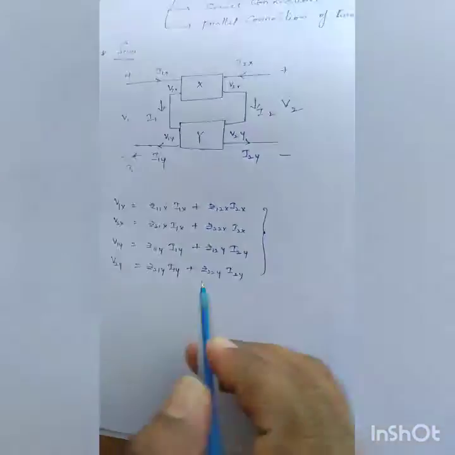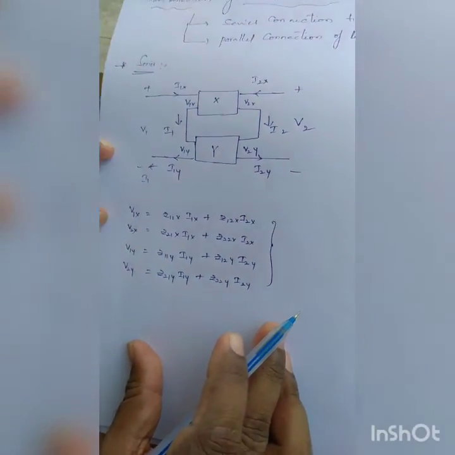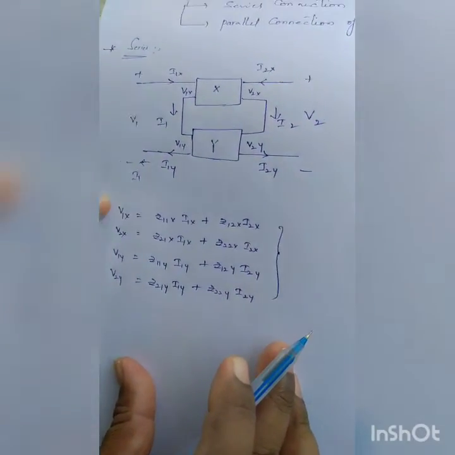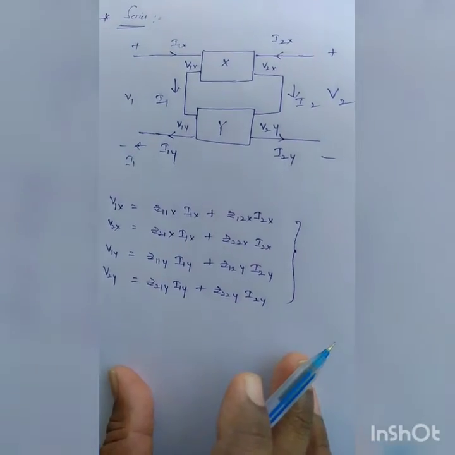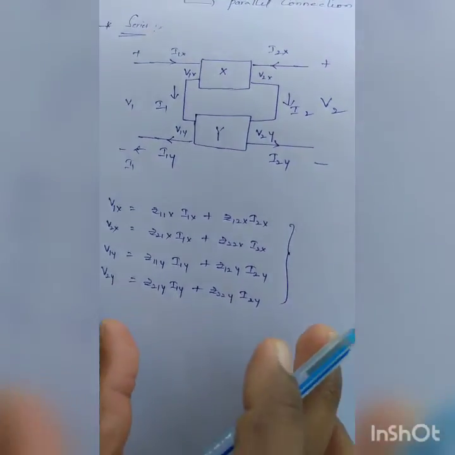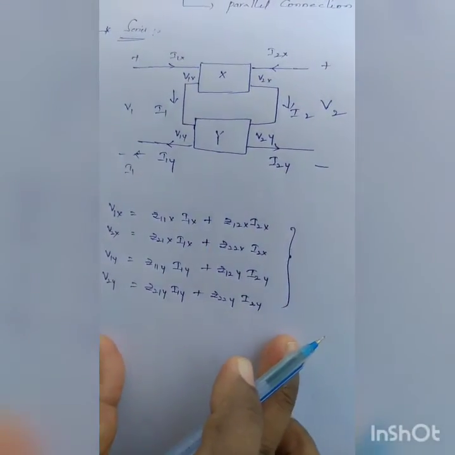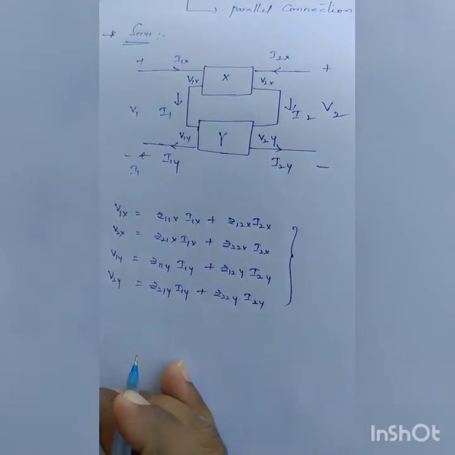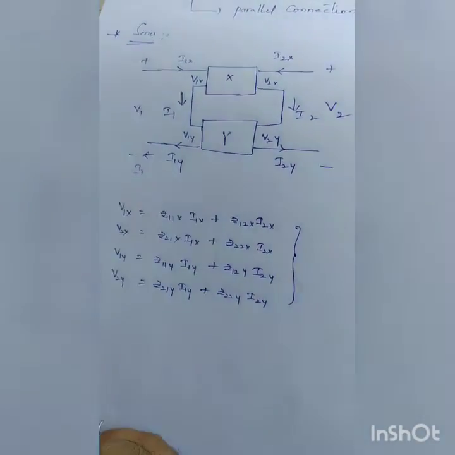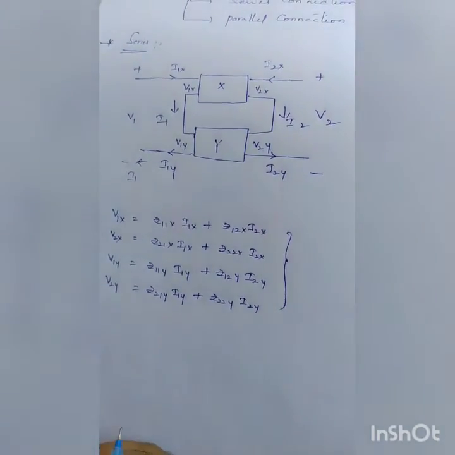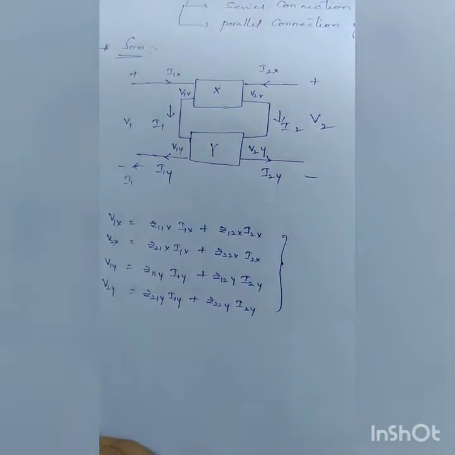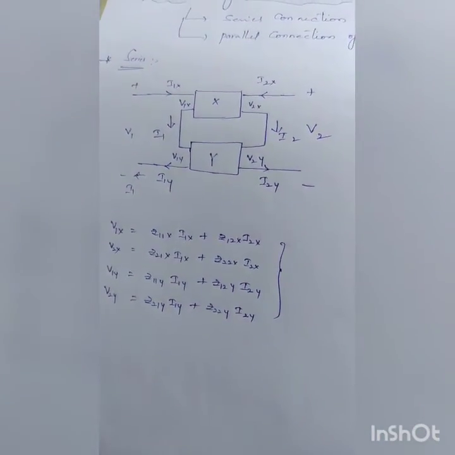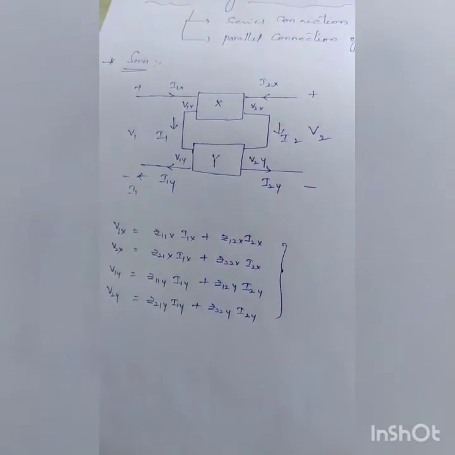These are the two port network equations, V1X, V2X, V1Y, V2Y. By using these equations, we have to find the V1 value, V2 value and Z11, Z12, Z21, Z22 values.